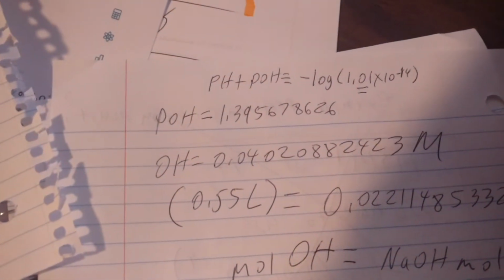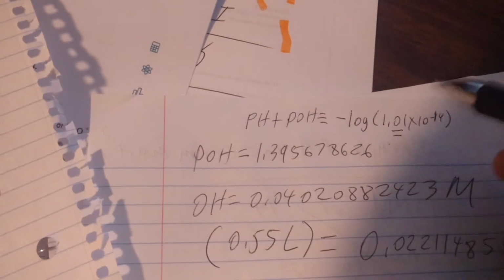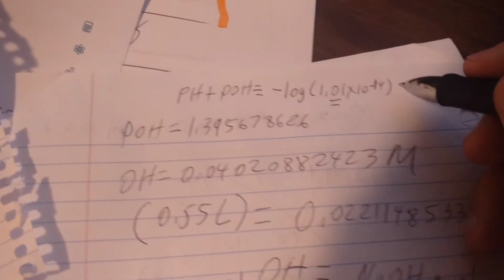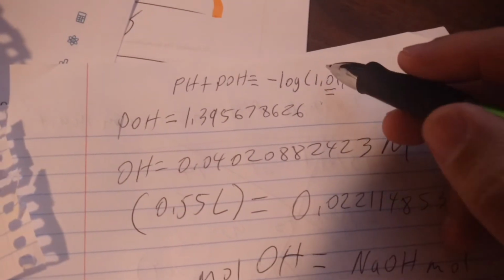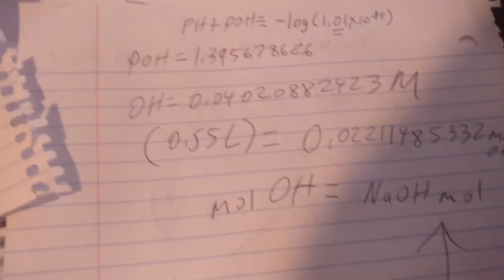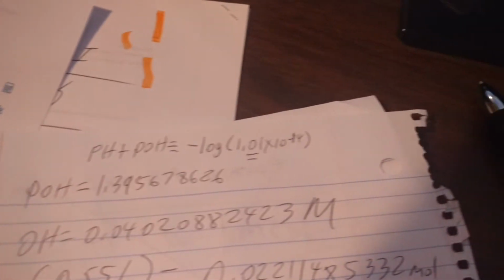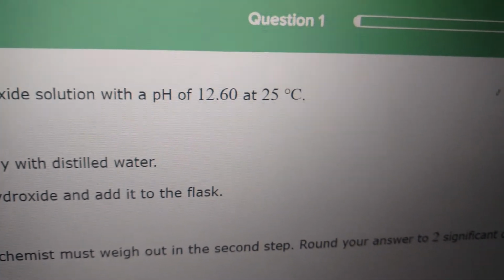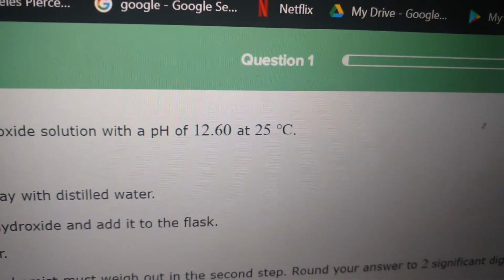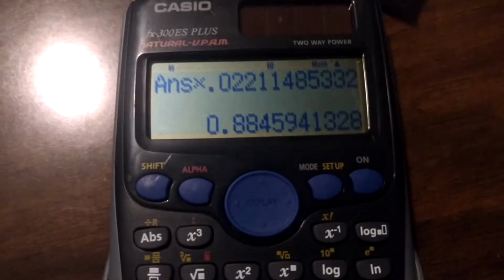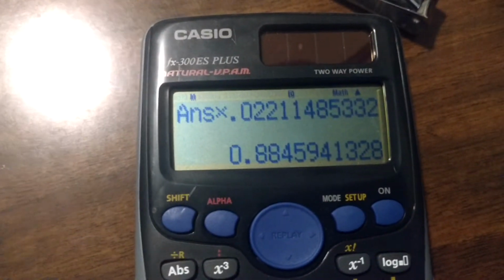So that's why your calculations are going to come out wrong on Aleks. You're doing it correctly. But once you do this, what this winds up equaling is not 14, it's like 13.99 and a whole bunch of other numbers. But all you have to do is make this change instead of 14, and then pH plus pOH will give you exactly correct answers. So when we take the 12.6 pH and subtract it from that 13.99 number, I should show you so that it makes perfect sense.